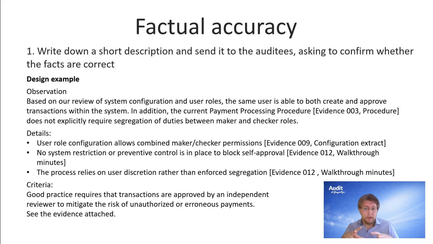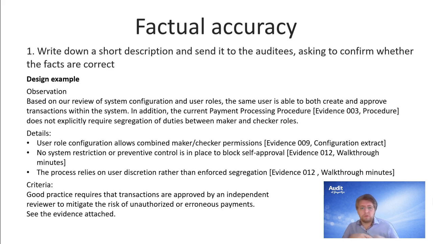You need to put together, like on this slide, a summary with reference to your evidence, and attach that evidence or provide it via cloud links, depending on your practices, and verify whether it's available to your auditees, and send an email or have a call, have a meeting to discuss the statement like that.